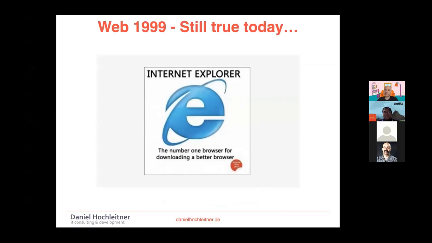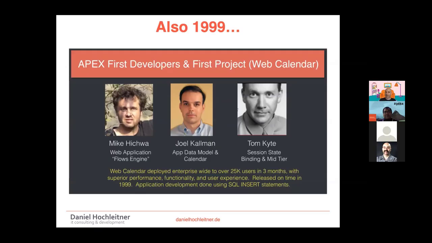And this is still true today. Internet Explorer sucks. And what I read today on Twitter is that Apex 21 is deprecating Internet Explorer support. Yay! And this also happened in 1999: these three guys invented Apex, HTMLDB.